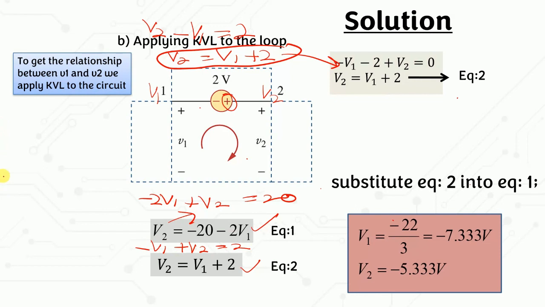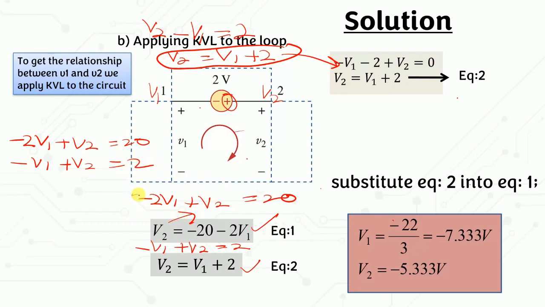Alright, so what you have is that you can just eliminate V2 first, right? Negative V1 plus V2 equal to 20, and then negative V1 plus V2 equal to 2.